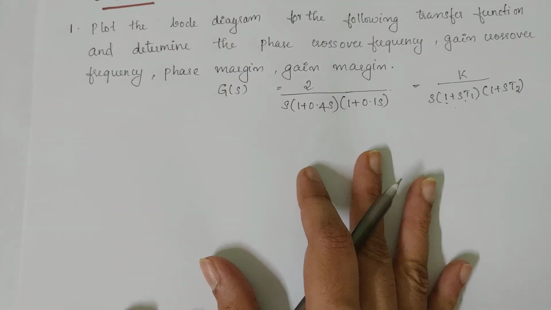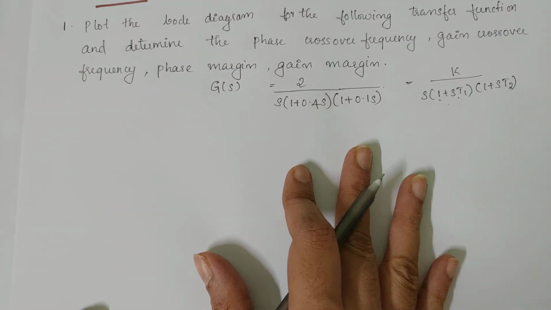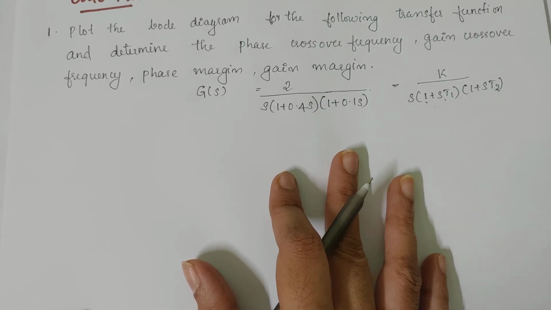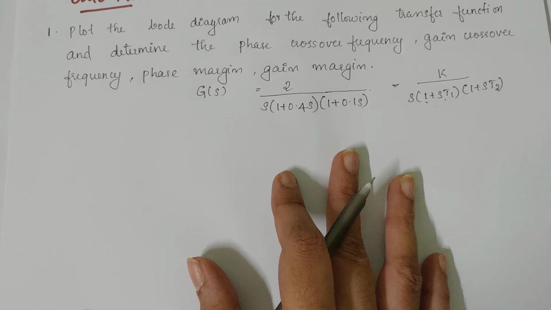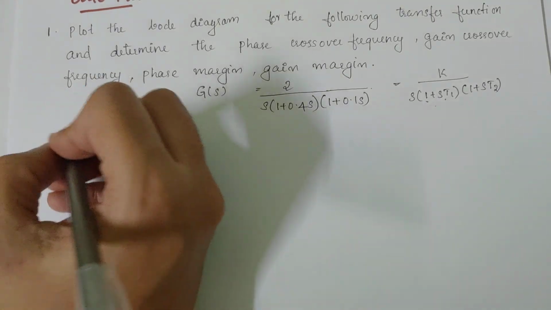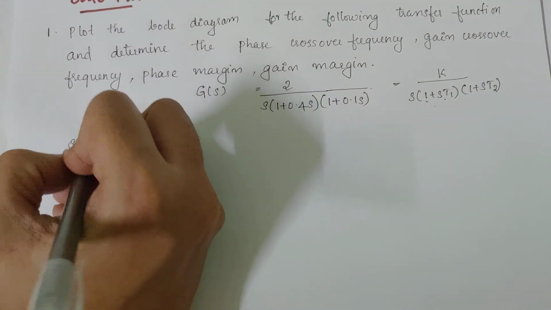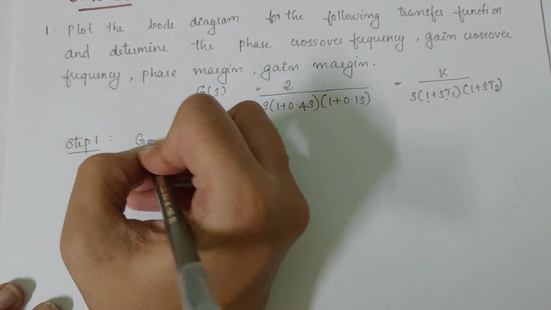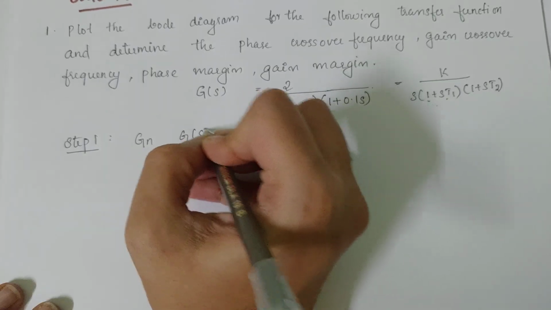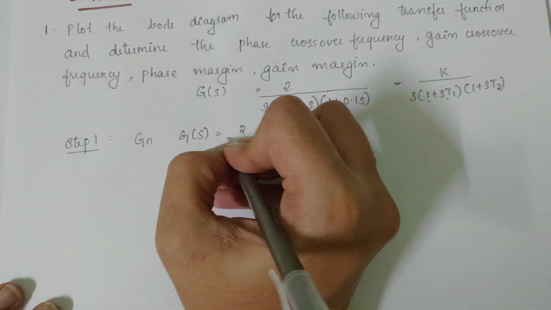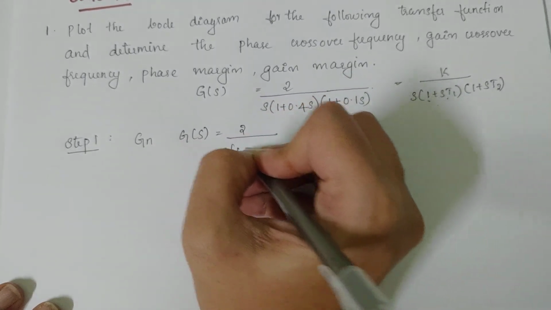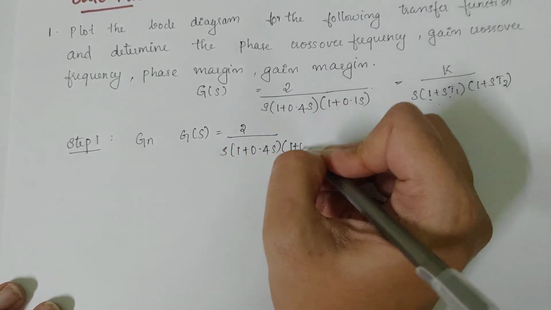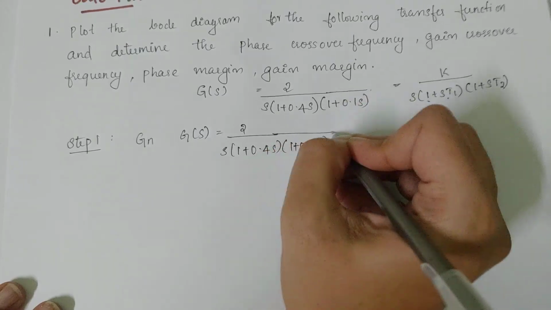So let's see the step by step procedure to plot the Bode diagram and find the gain margin and phase margin. Step 1: given G(s) is equal to 2 by s into (1 plus 0.4 s) into (1 plus 0.1 s).